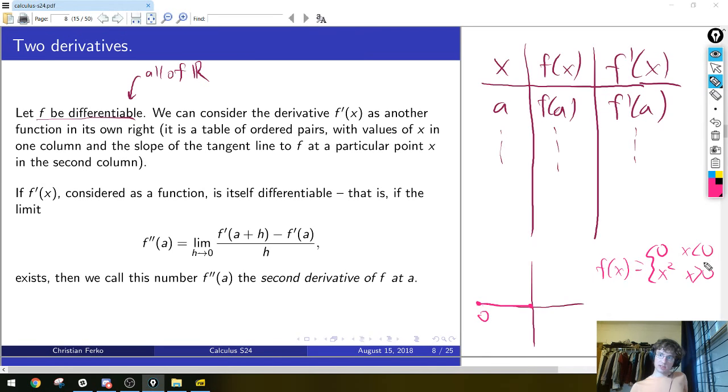Is this true? Let's see. Now the derivative of this function is going to be 0 here. Yeah, this is going to work. Okay, good. I'm glad I got that right because I was going to be embarrassed if that didn't work.